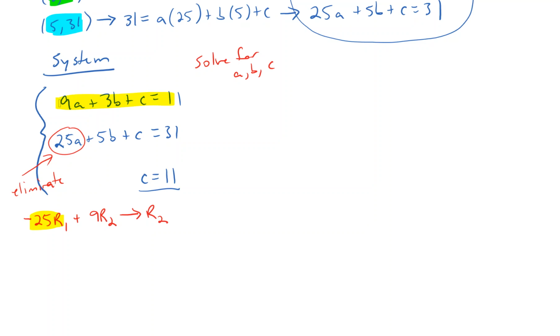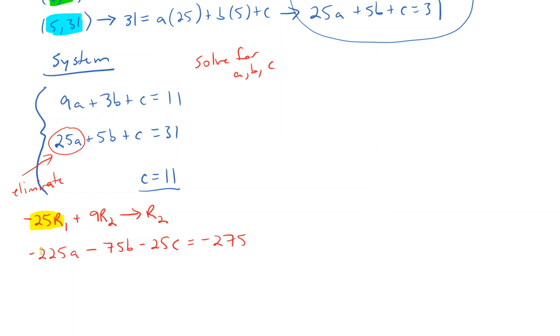I'm going to multiply row 1 by negative 25. So that's going to give me negative 225a minus 75b minus 25c equals negative 275. Now I need 9 times row 2.